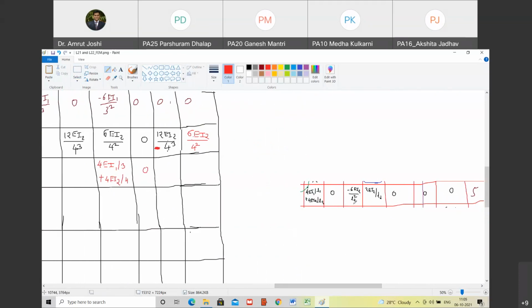Then this is minus 6 EI2 upon L2 square, minus 6 EI2 upon L2. L2 is 4, 4 square. Happy? And then we have 0 here. So this was about the fifth.